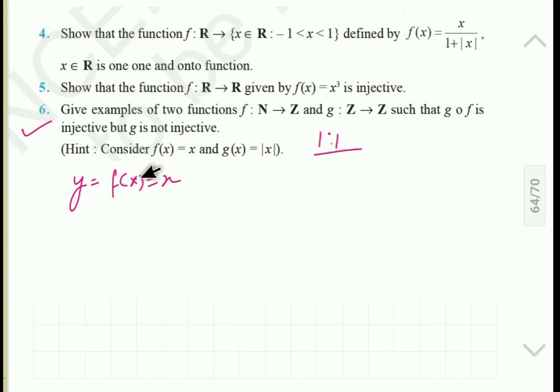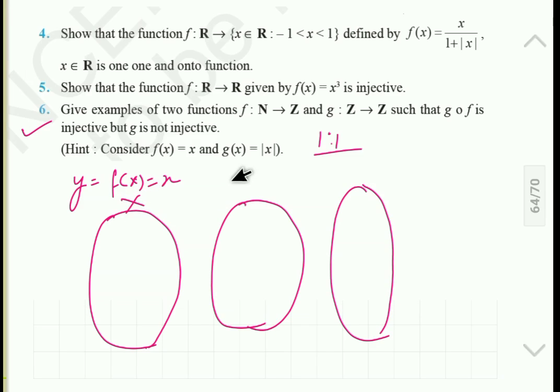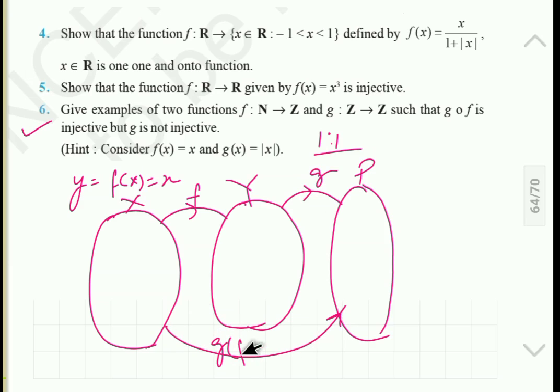If we see with the help of a mapping diagram, we have a first set, another set, and another set. This is capital X, this is capital Y, and this is capital P. This is the mapping defined as f, this is the mapping defined as g, and what is g∘f? It is this one, that is g of f(x).